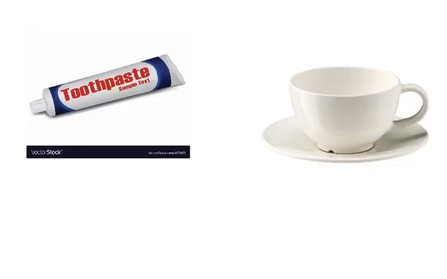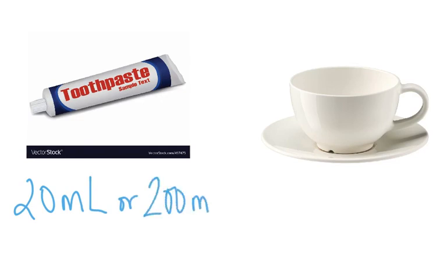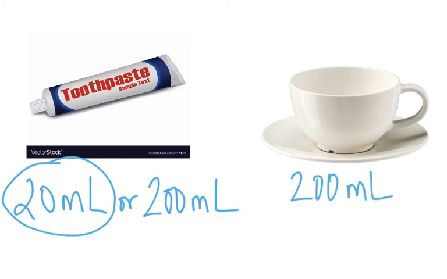On the left, you have a container of toothpaste. Does that hold 20 milliliters or 200 milliliters? The correct answer is about 20. On the right, the teacup. Does that hold 200 milliliters or does that hold 200 liters?